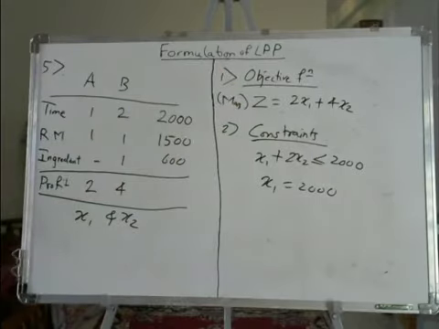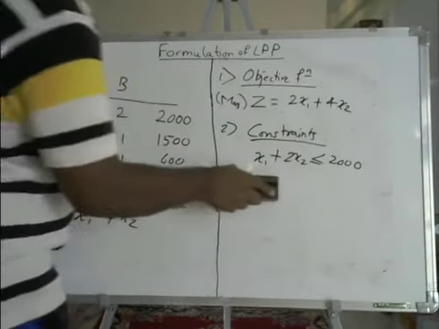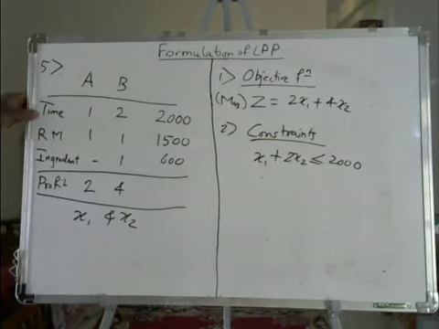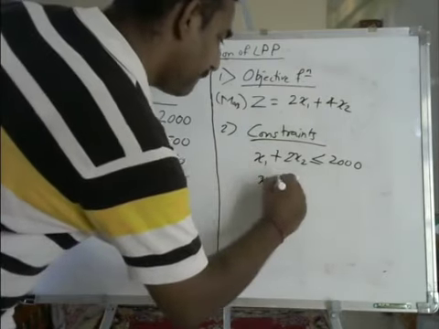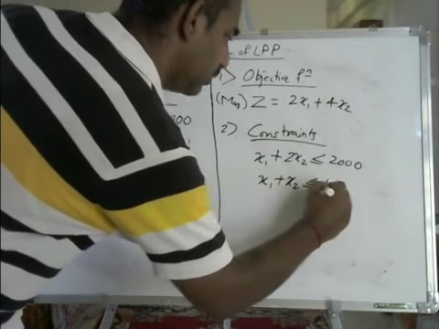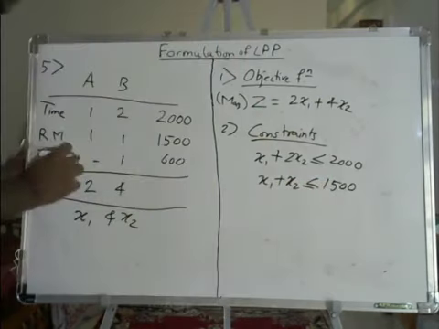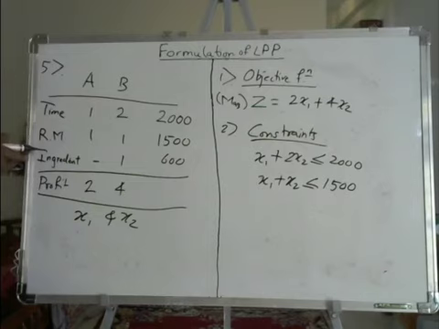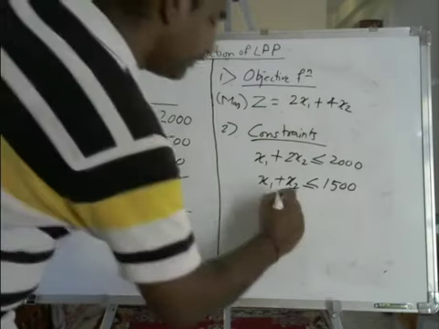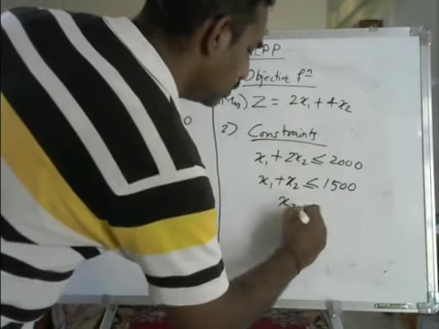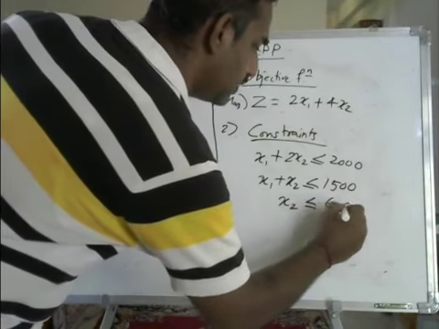That's the logic behind this time constraint. Then the raw material constraint: x1 plus x2 is less than or equal to 1500. And the last constraint is the ingredient: you can produce not more than 600, that is x2 is less than or equal to 600.